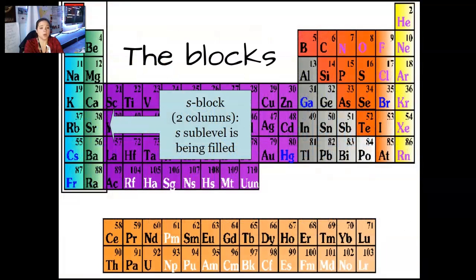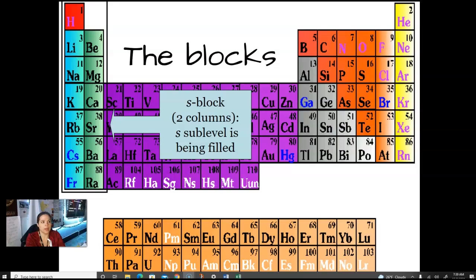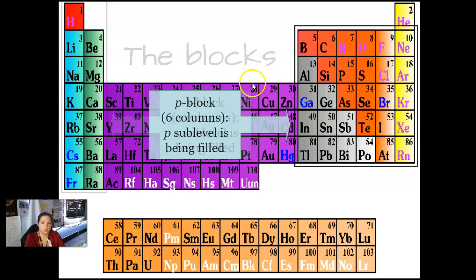All right, so now we're going to have the blocks. You're looking at what orbitals, what sublevels they fill. So we already know they have levels. Now we're looking at the orbitals in the levels. So in this series, the first 2 columns fill the s sublevel.